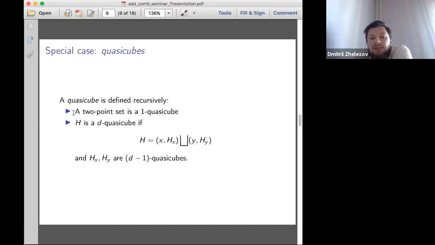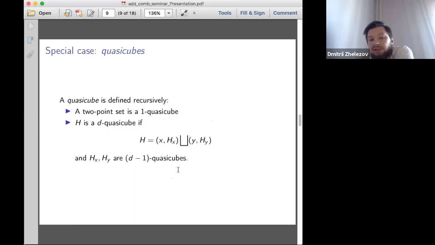It's constructed recursively, and you start with a 2-point set as a 1-dimensional quasi-cube, and a d-dimensional quasi-cube is a set such that when you slice it across a coordinate, or in fact along any 1-dimensional subspace, it has only 2 cosets, hx and hy.